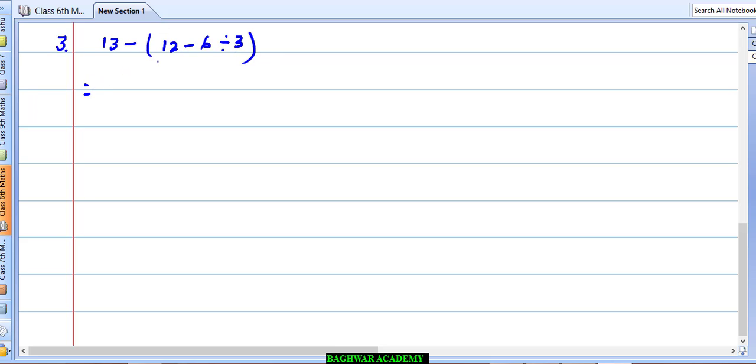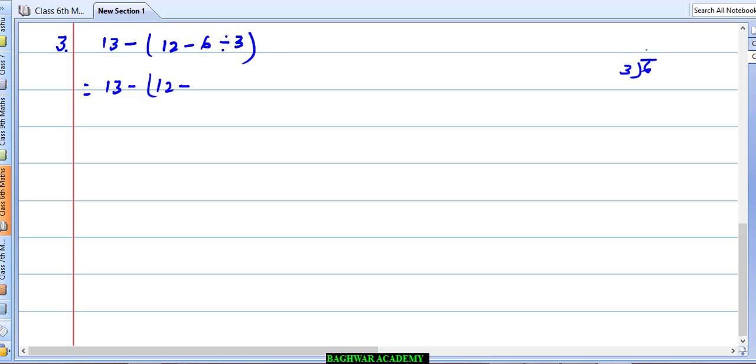So first again we have a small bracket. So first we need to solve the small bracket. So here we will have 13 minus, this portion is required to be solved, and among these we have division. So division is required to be solved first. 12 minus 6 divided by 3 is equal to, 6 is required to be divided by 3.